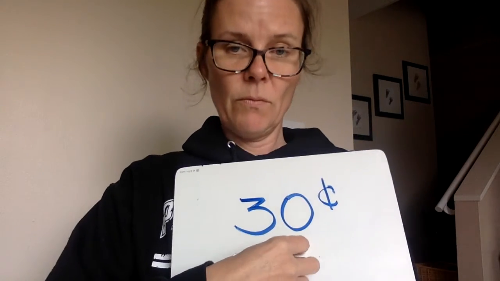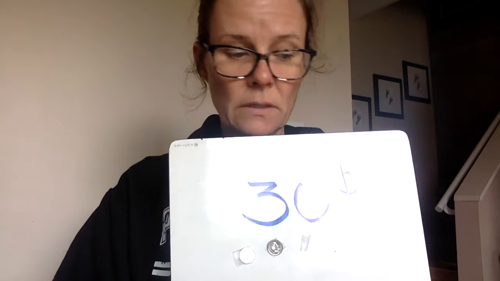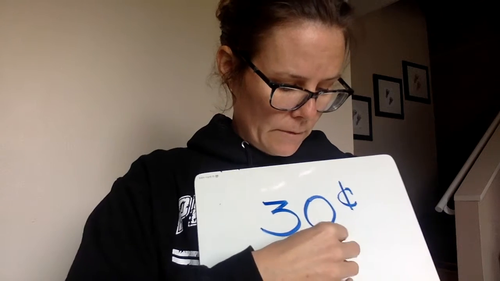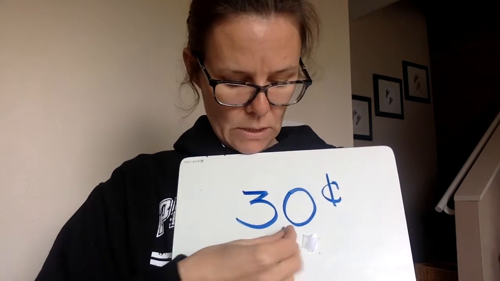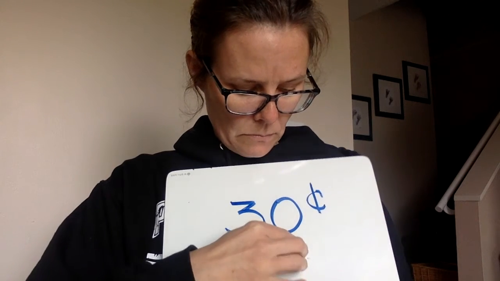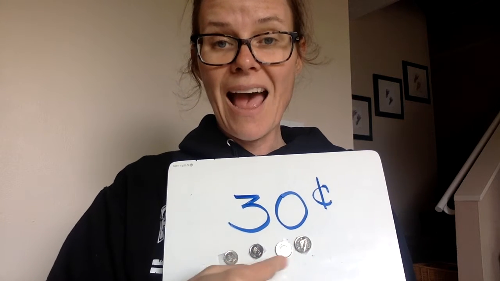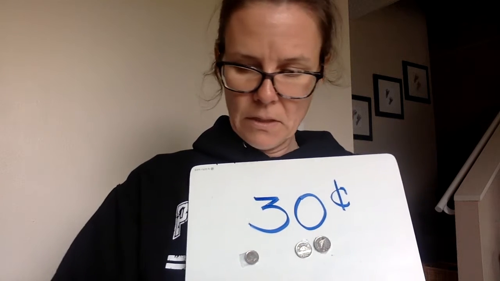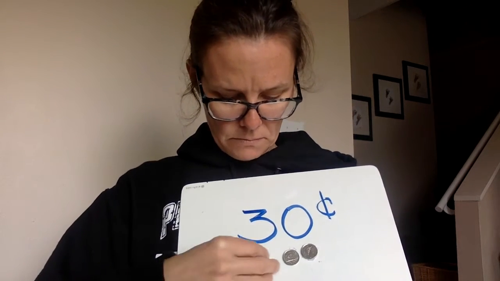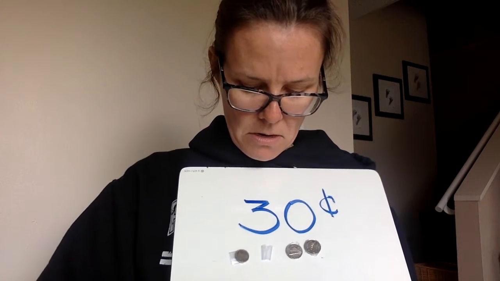Okay, we can remove one of these dimes, and we can trade one of those dimes in for 2 nickels. So we say 10, 20, 25, 30. Still 30 cents. I can take away another one of these dimes and add another nickel. Oopsies, I think I lost my tape there. And I can use another nickel, and I can make it another way.